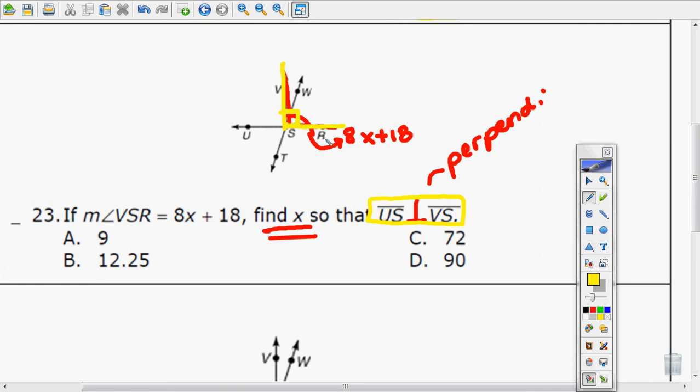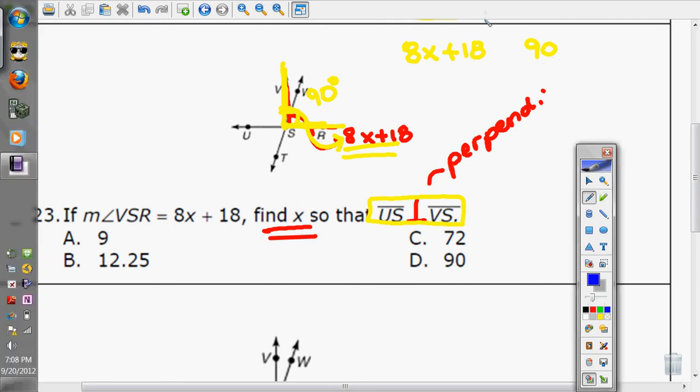So here, this 8x plus 18 is referring to this whole angle right here, which I wrote right here. It's also talking about a 90-degree angle. So that means that this 8x plus 18 and this 90 are talking about the exact same angle, so they have to be equal.